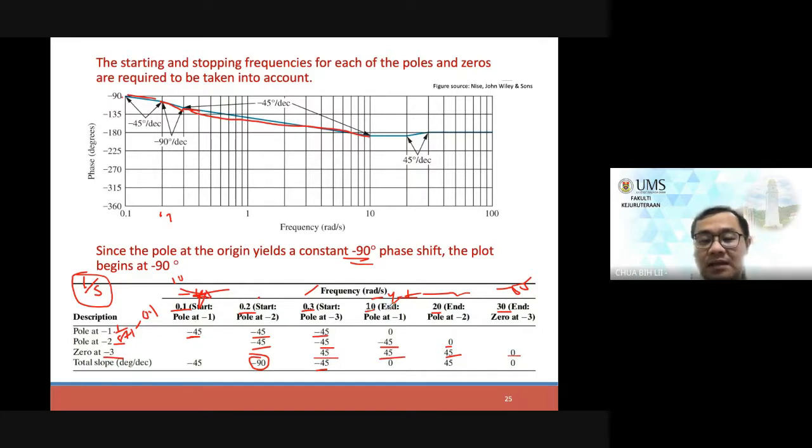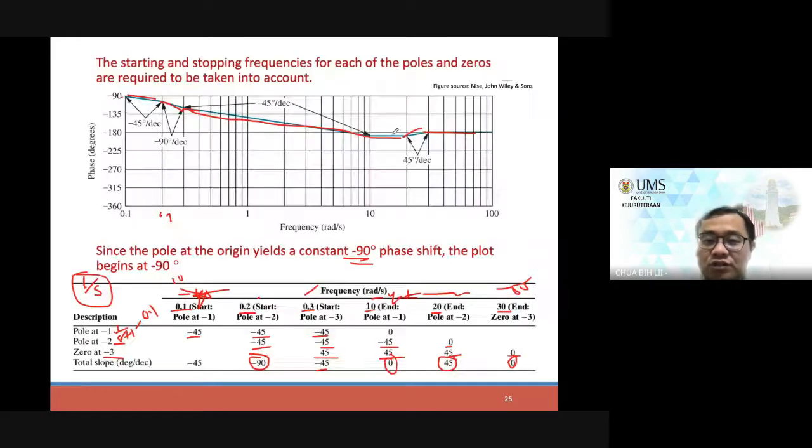Then at 10 the line is 0, 45 plus minus 45, so a flat line, then increase back 45, and then back to 0. So this is how you may estimate the phase diagram.